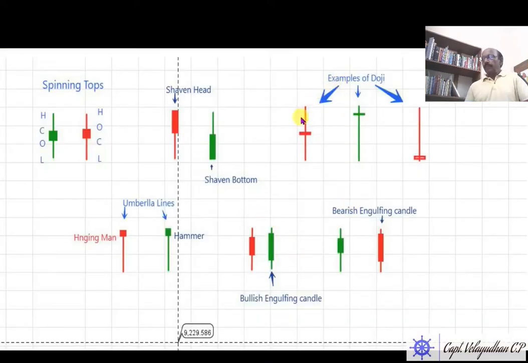These are the examples of doji. The real body is too small, narrow. Here also the real body is narrow. If you see, the market opened here and it probably might have gone up and made a low here and it pulled back again and closed very close by.